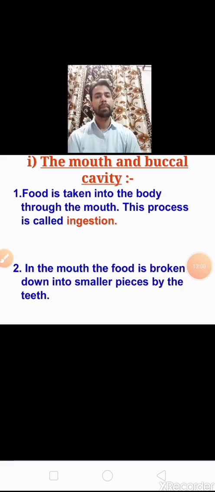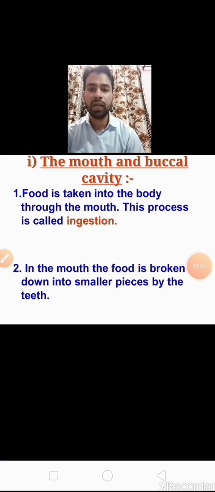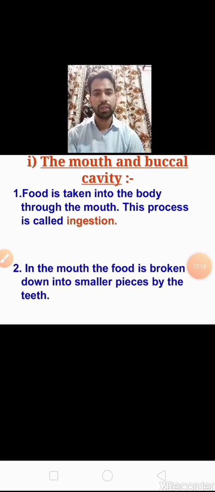The first part of the alimentary canal I have shown in the picture, that is the mouth and buccal cavity. In the mouth, three things are very important. First, teeth. Second, tongue. And third, salivary glands.